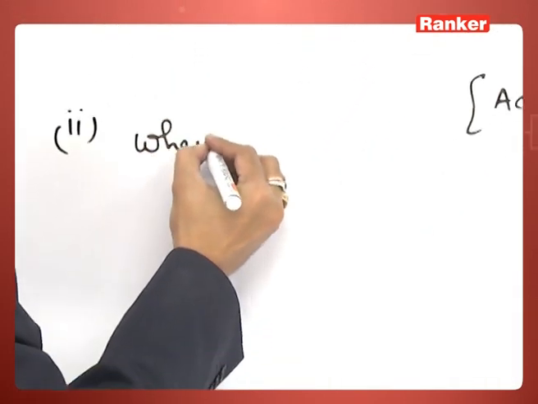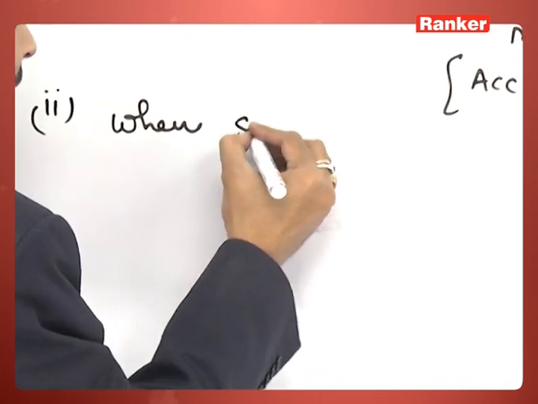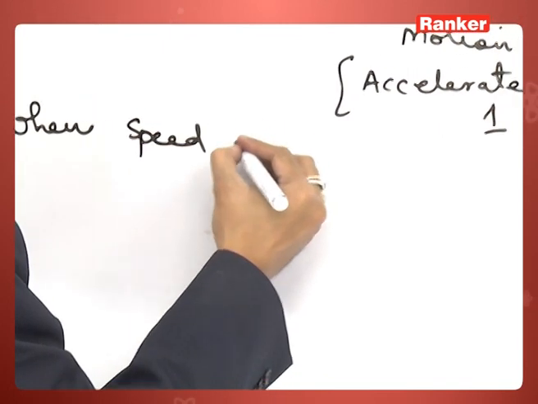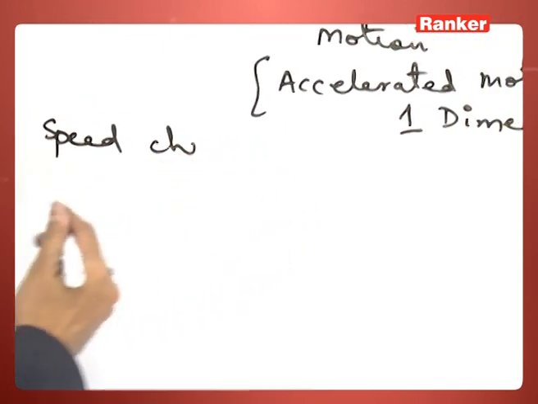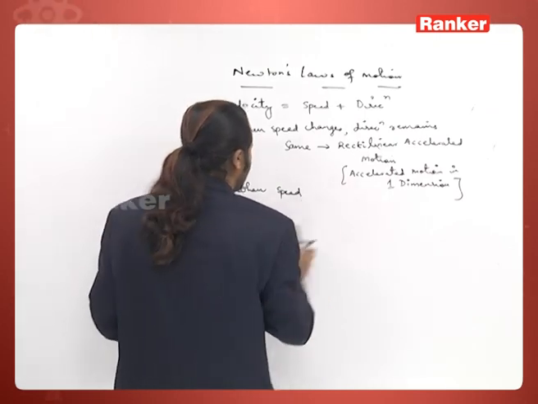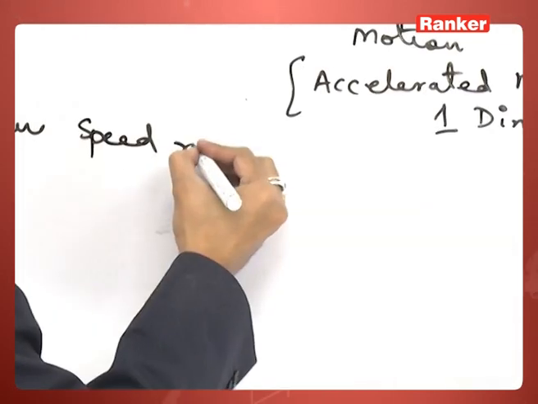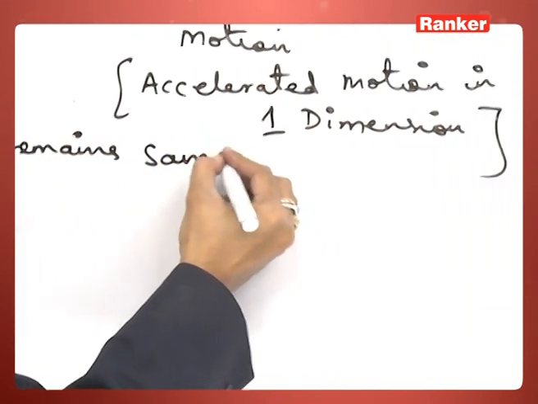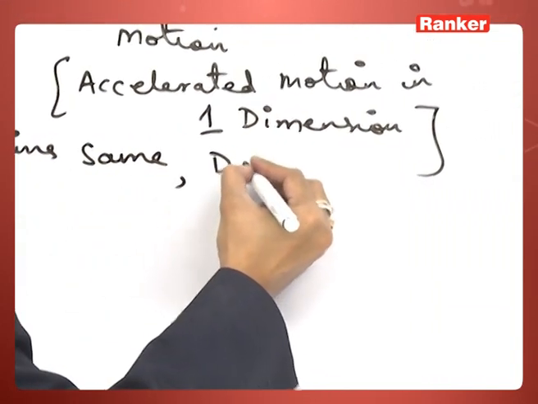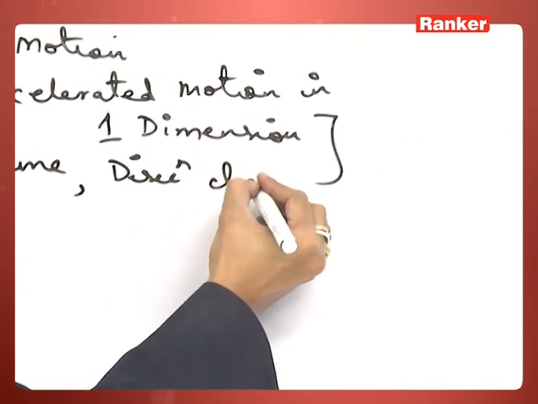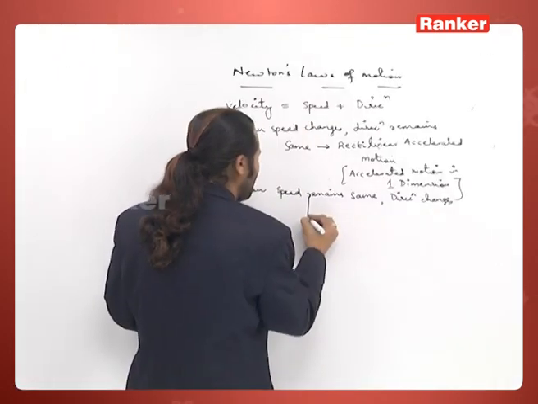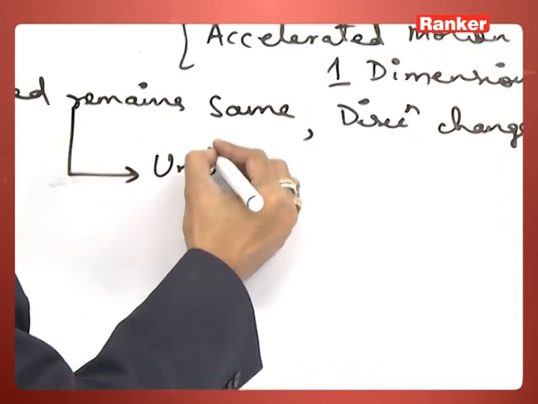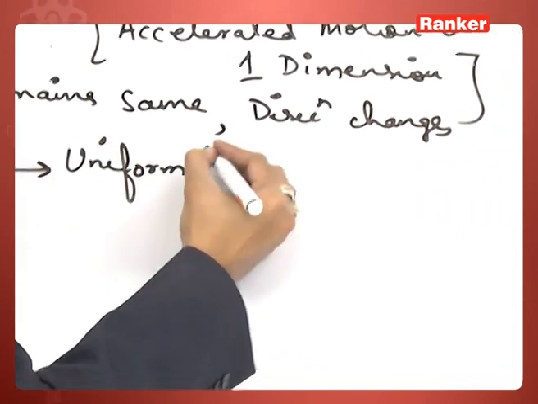When speed remains same, direction changes, we have this kind of motion as uniform circular motion.